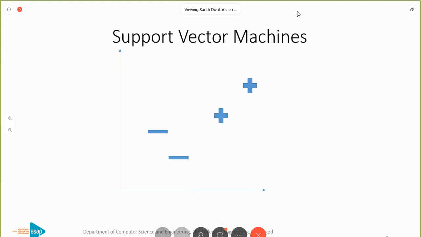Say you divide this vector space with a decision boundary like this. Now, when you get new data, say I'm going to represent it like this. The decision boundary will help me classify the unseen data to positive samples or negative samples based on the decision boundary.